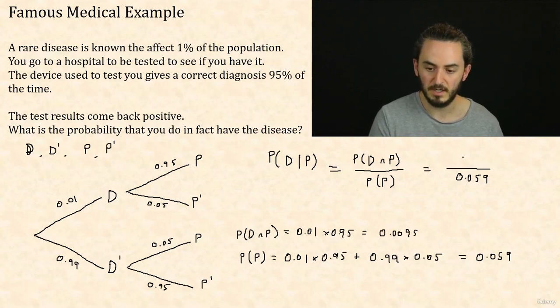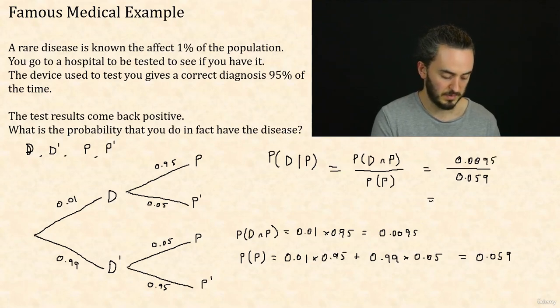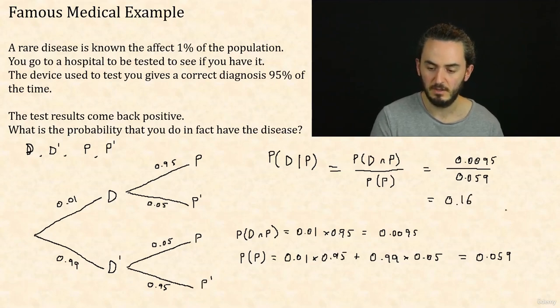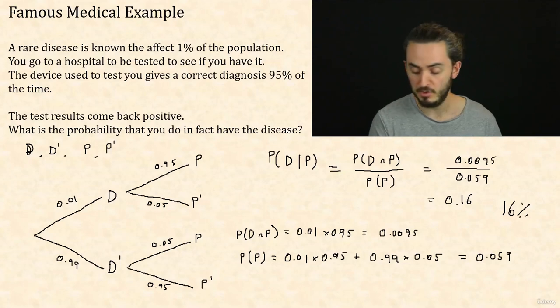So that's what's going up here, 0.0095. Do this calculation, and what do we get? 0.0095 divided by 0.059 is 0.16. That is, there is only a 16% chance that you have the disease. That is, you probably don't have the disease.